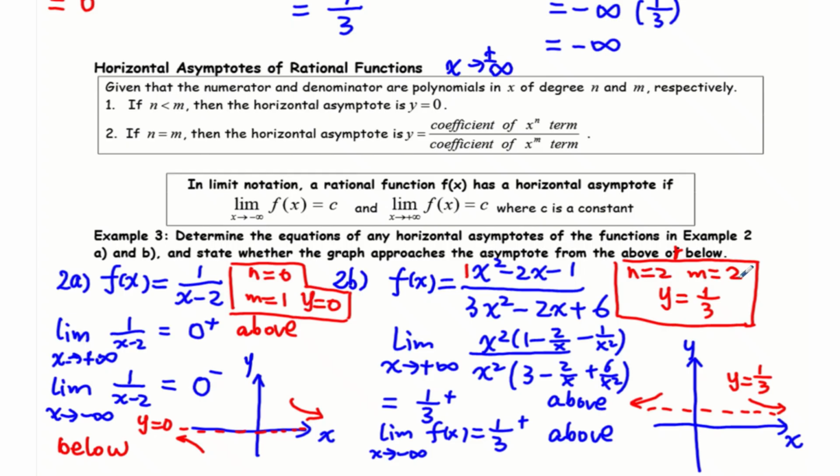If the highest degrees are equal, then it's just the coefficient at front. You don't have to show me all the steps for finding limits. So you can treat this as a conclusion, and you could use it right away. So this is for horizontal asymptotes.